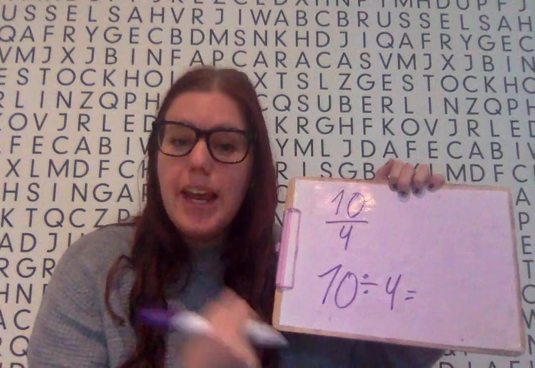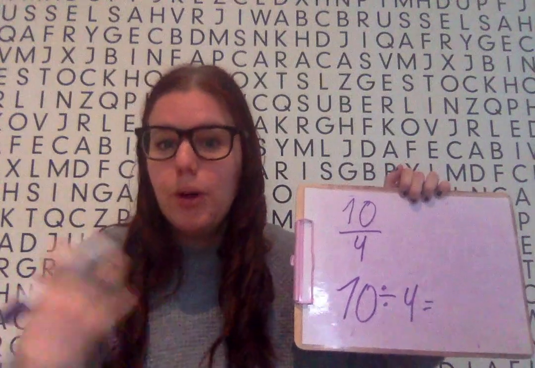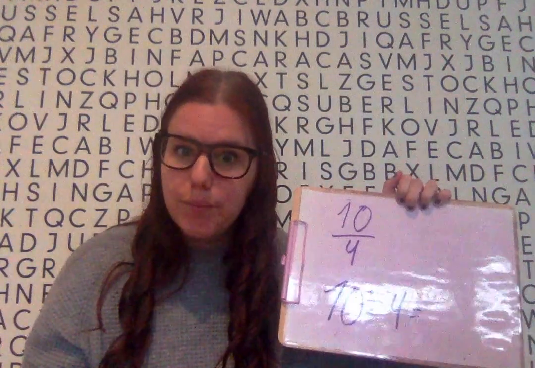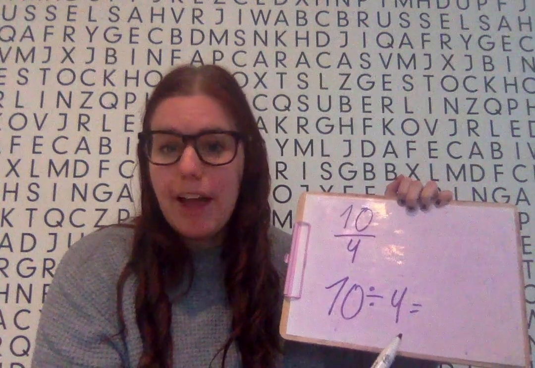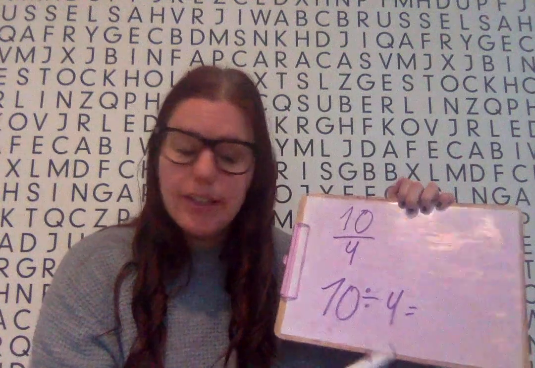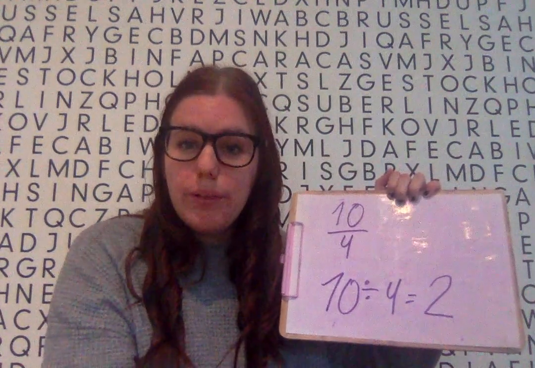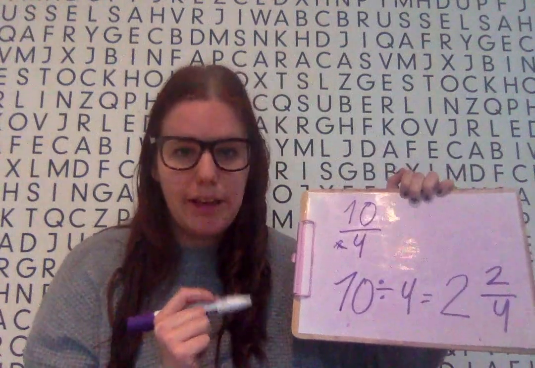We know 10 isn't divisible by 4, so we're going to have a remainder, which is a number left over. That number left over is going to be the numerator of our fraction. I know 4 cannot go into 10, but 4 can go into 8 two times. And I would have 2 left over, and my denominator will always stay the same. So it's 2 and 2/4.